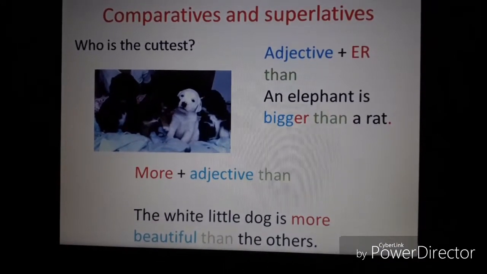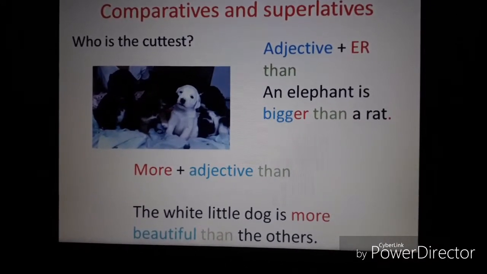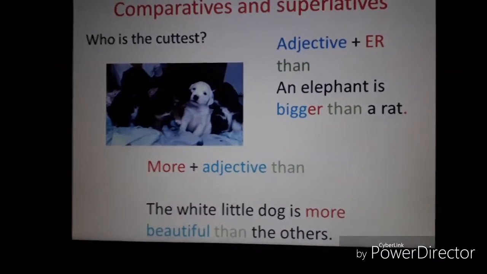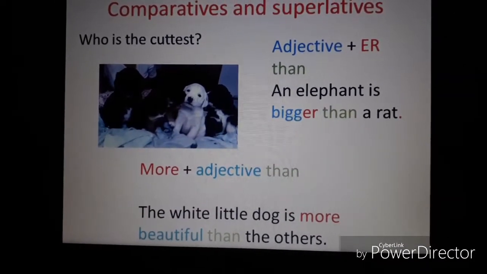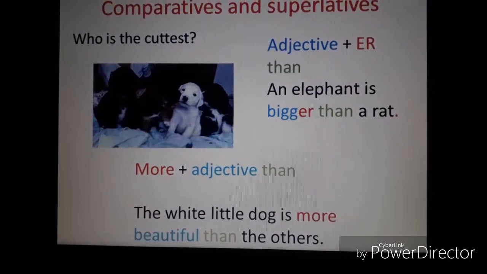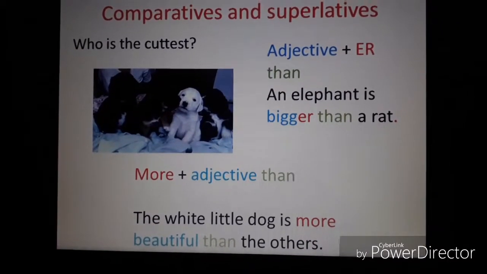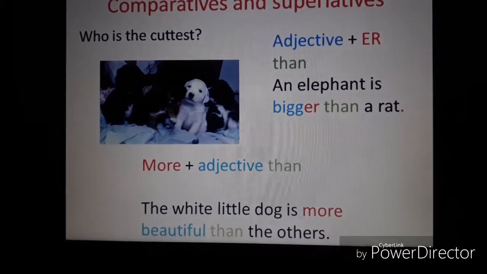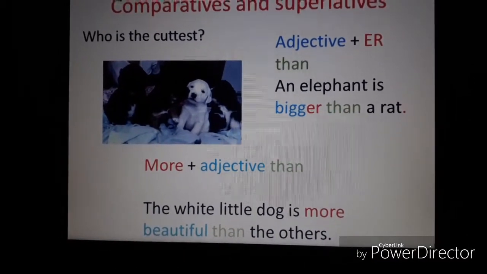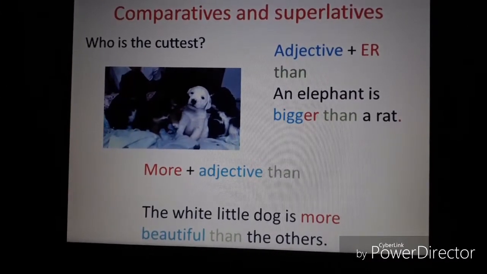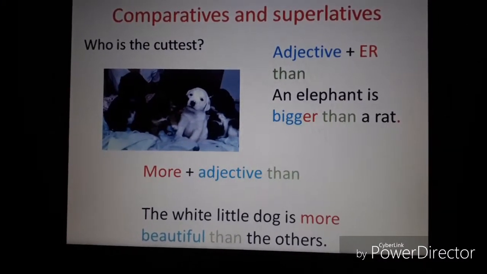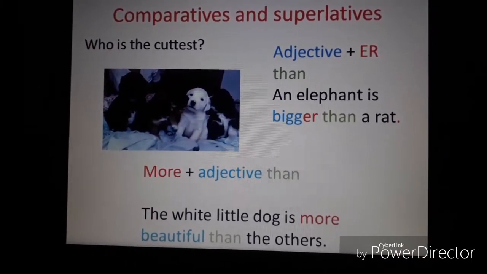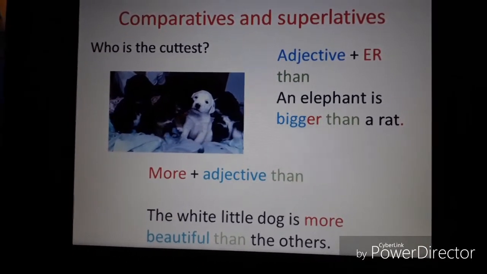Example: the white little dog is more beautiful than the others. So if you see, beautiful is a long adjective, so we use the prefix more before the adjective. And something important here is the word than. That is the one that allows us to know that we're comparing one thing with another one.